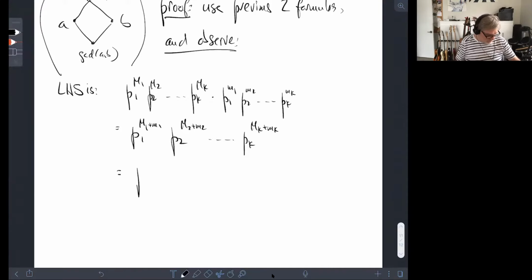So it's the exponents of the sum: P1 to the C1 plus D1, P2 to the C2 plus D2, through PK to the CK plus DK.